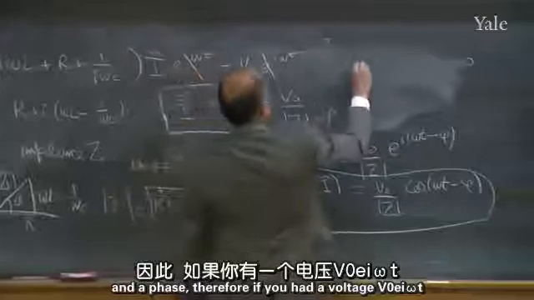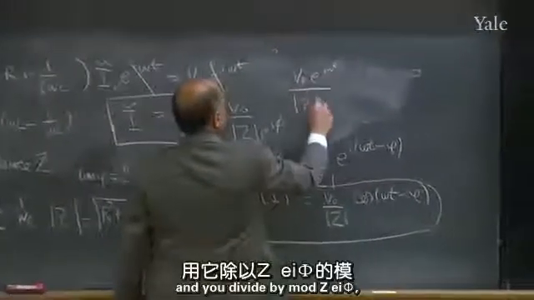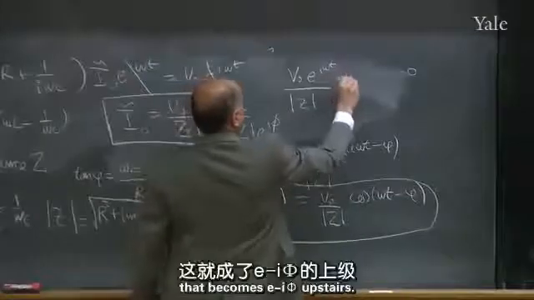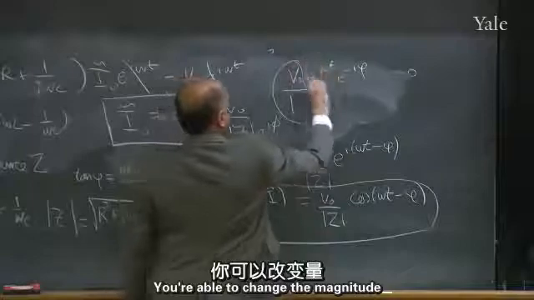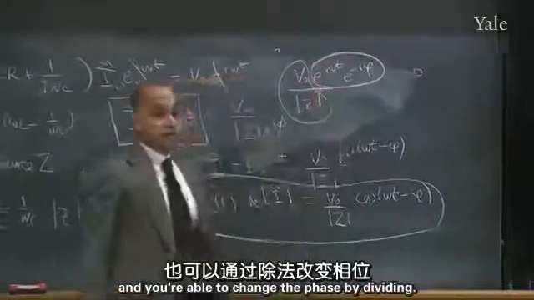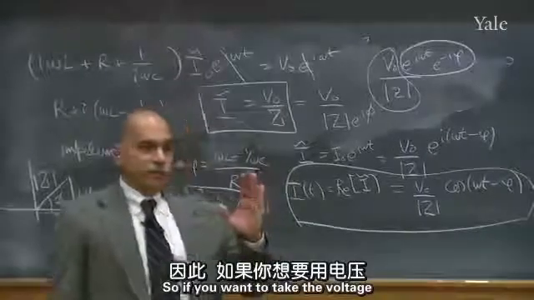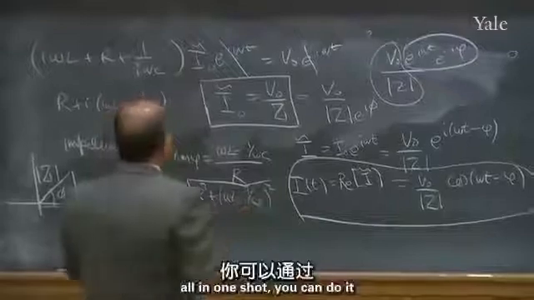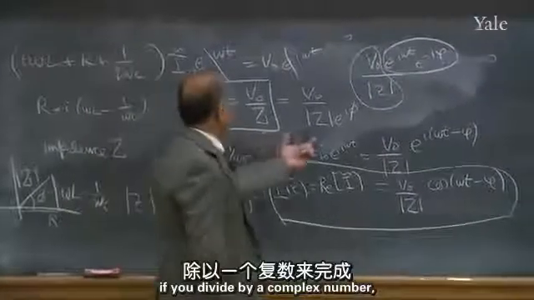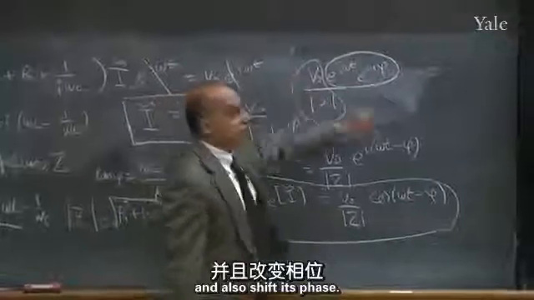Therefore, if you had a voltage V0 e^(iωt), and you divide by mod Z e^(iφ), that becomes e^(−iφ) upstairs. You are able to change the magnitude, and you're able to change the phase by dividing. So if you want to take the voltage and rescale it and shift its phase all in one shot, you can do it if you divide by a complex number, because a complex number will rescale this V and also shift its phase.